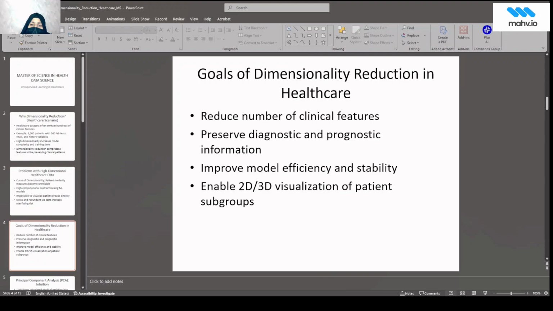After that, what is the goal of dimension reduction in healthcare? Reduce the number of clinical features by applying dimension reduction, which compresses the features that are useless and have little effect on performance while preserving the important features. What are the advantages of it? We reduce the number of clinical features.